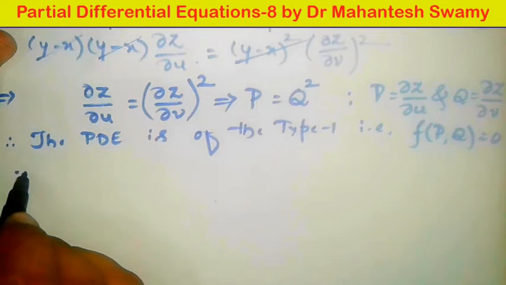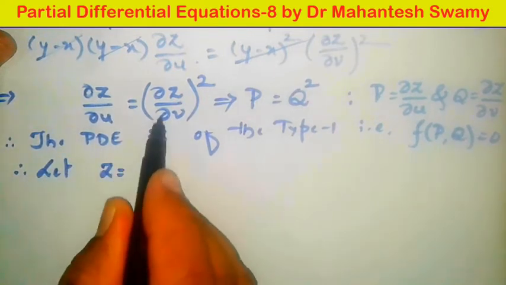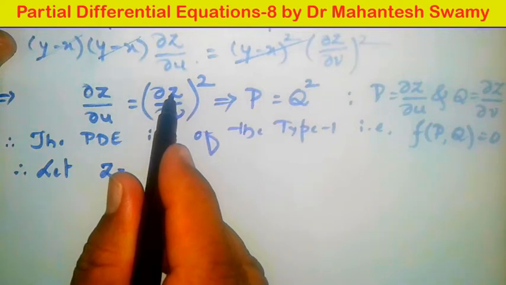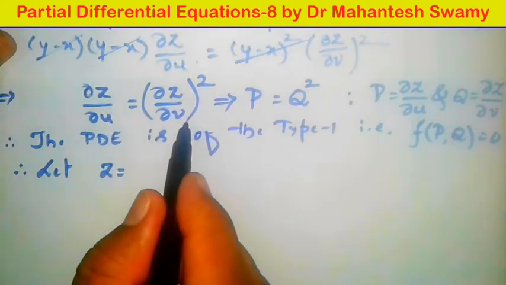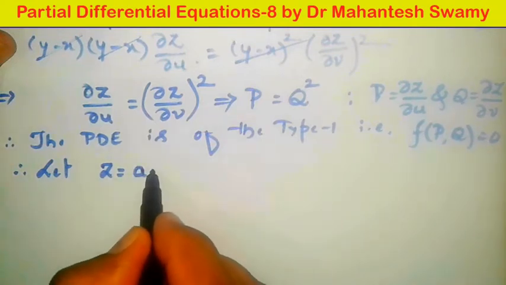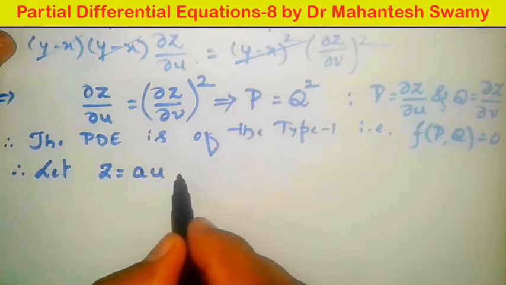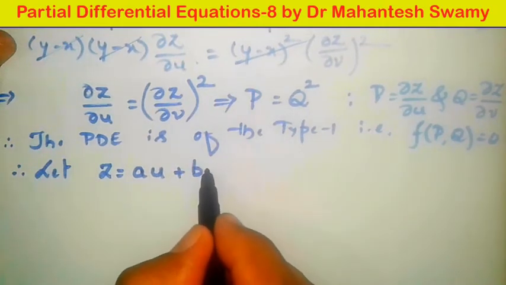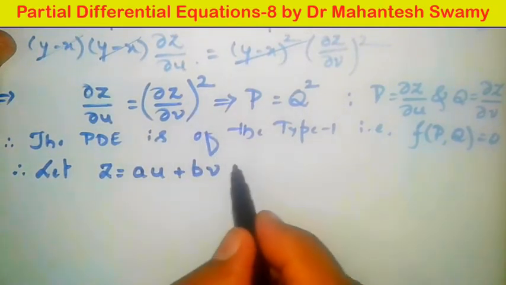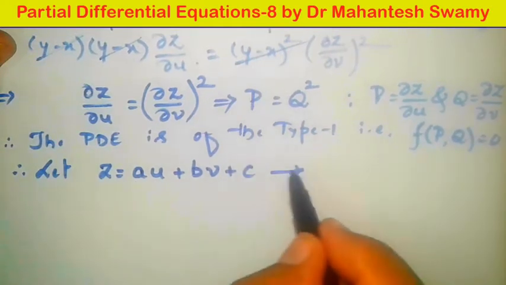Therefore let us assume the solution to be z equal to, once again the dependent variable is z, but the independent variables are u and v. Therefore z is equal to au, plus bv, plus c as the required complete integral.